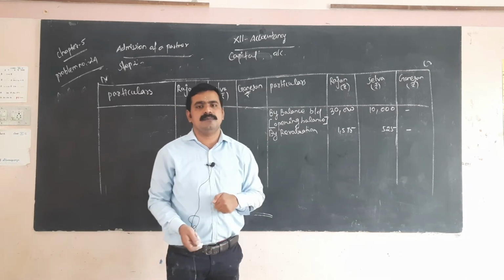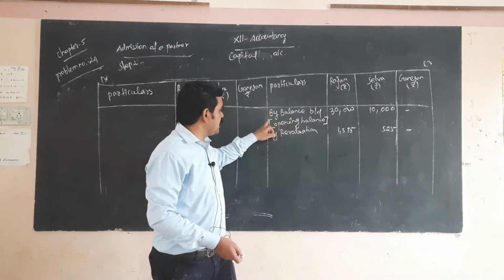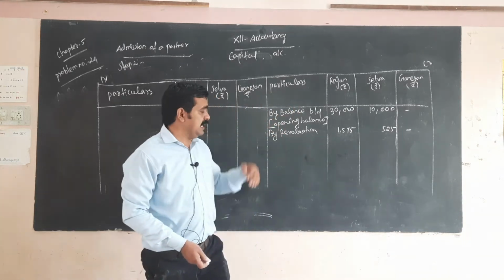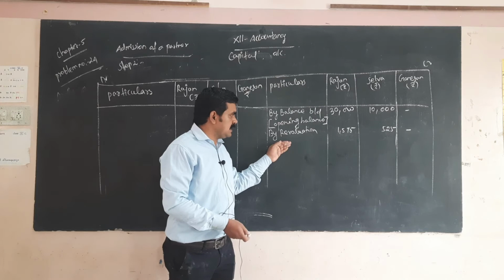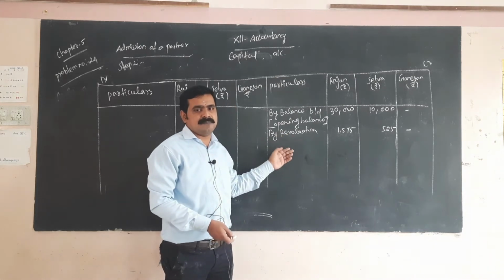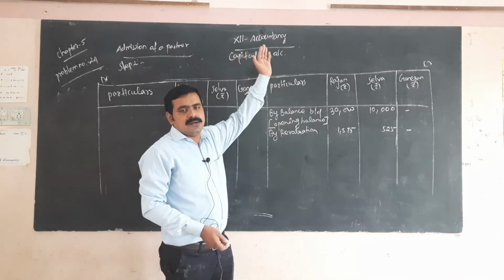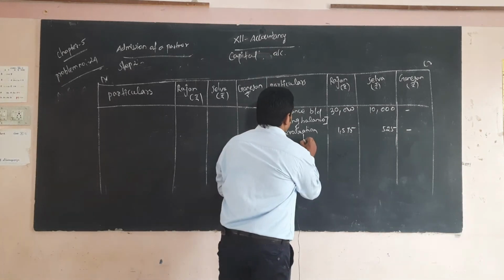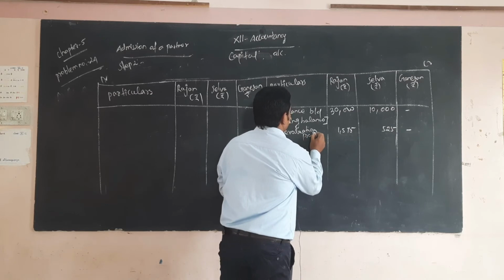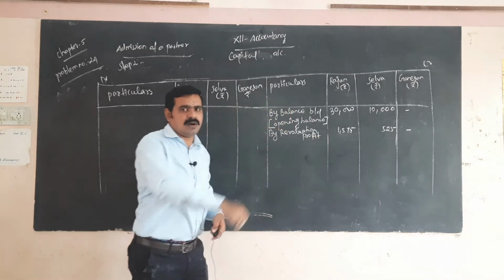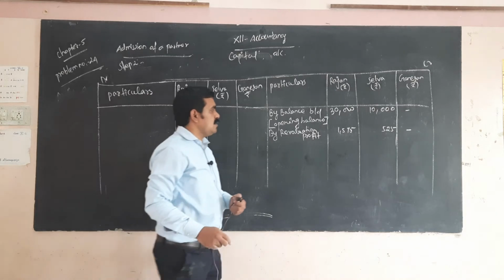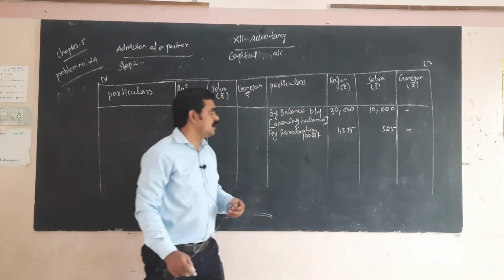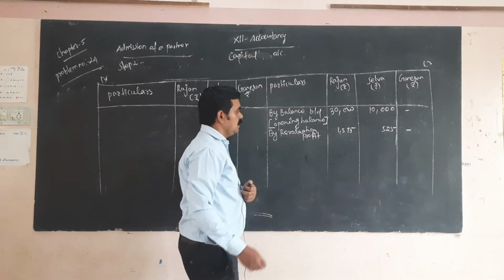This profit comes from the revaluation account. So 1,575 and 525.